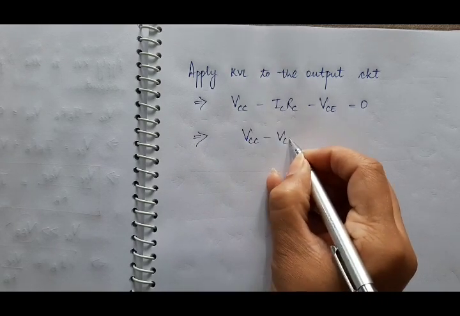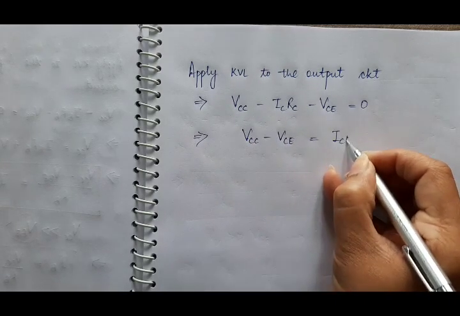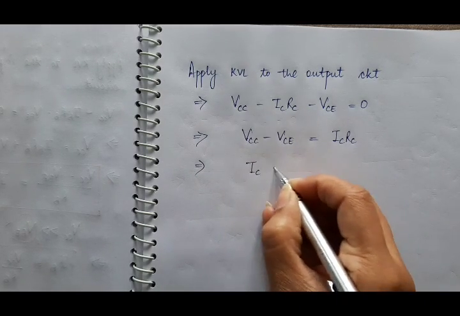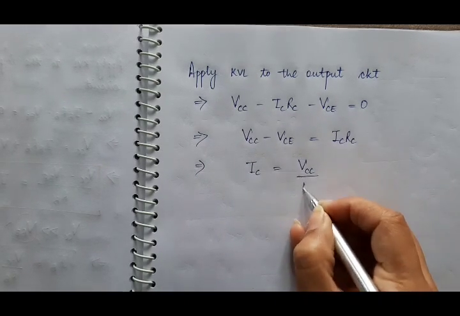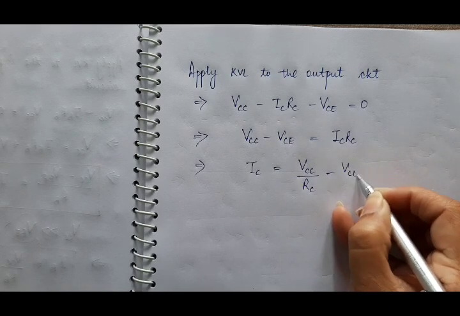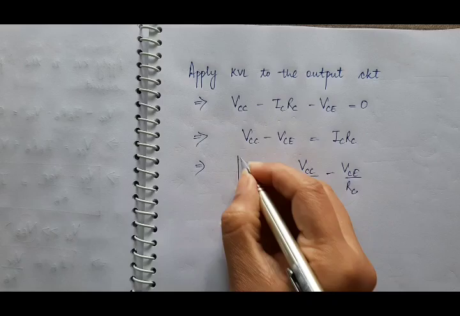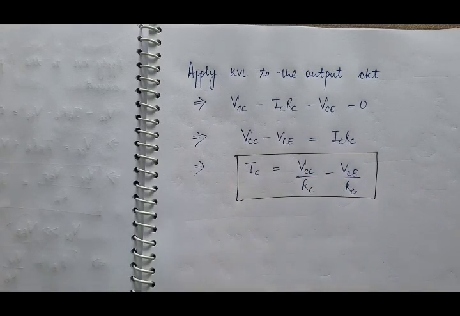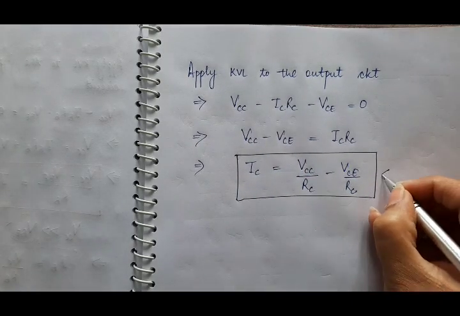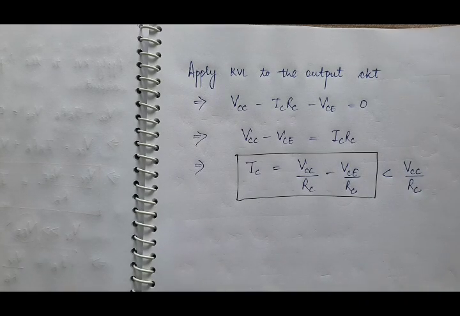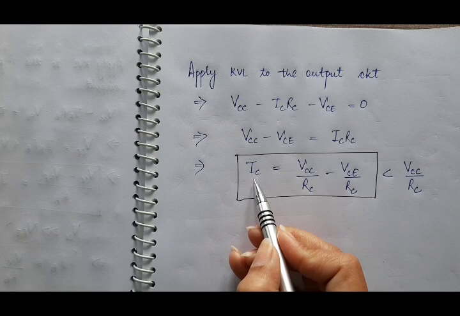VCC minus VCE is equal to ICRC. So the value of collector current IC will be VCC upon RC minus VCE upon RC. It means the value of collector current is less than VCC by RC. So this is the condition on the value of this collector current.